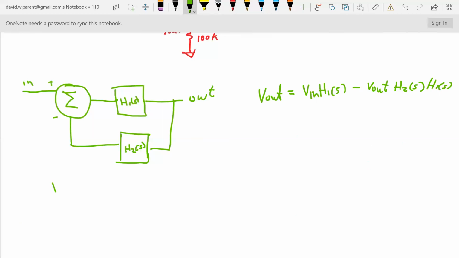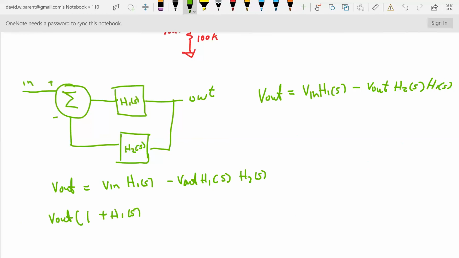So we have V out equals V in H1 of S minus V out H1 H2. V out times 1 plus H1 of S H2 of S.